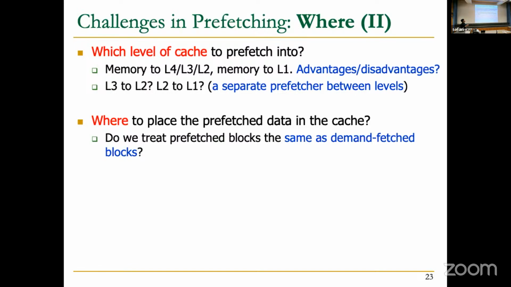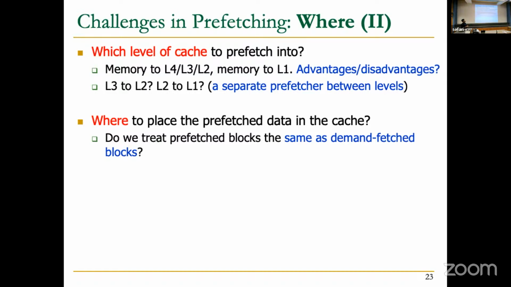Basically this boils down to the question: do you want to prefetch this data from, let's say, memory to L2, L4 caches, or do you want to prefetch the data into L1 caches? If you decided to place it in cache, then which level of the cache do you want to place it in?